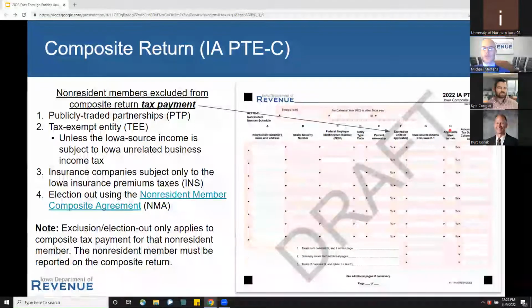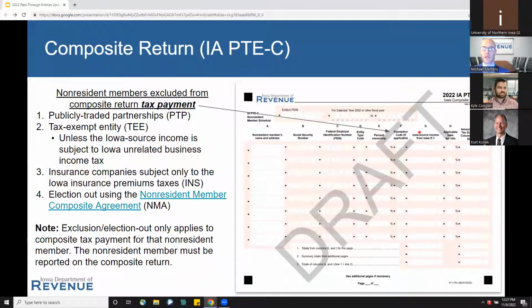The applicable Iowa tax rate is really the highest tax rate that is unique to that tax type. So for a non-resident member who's an individual, for example, for 2022, you'd be multiplying their Iowa source income by 8.53%.